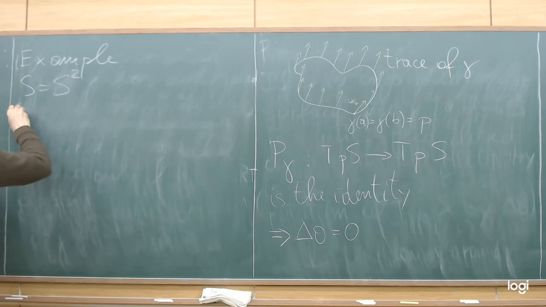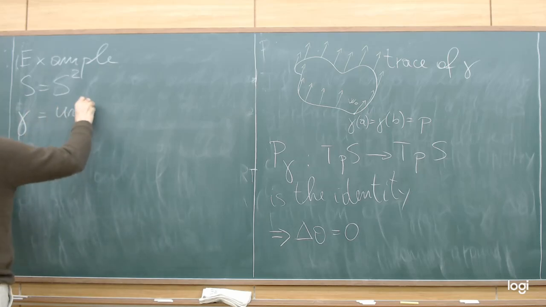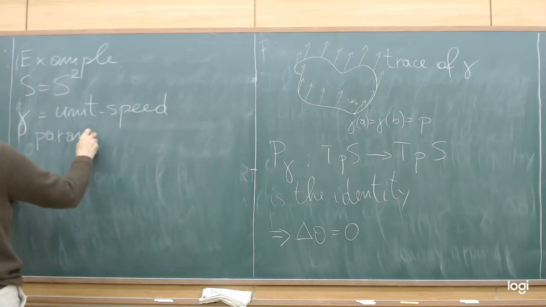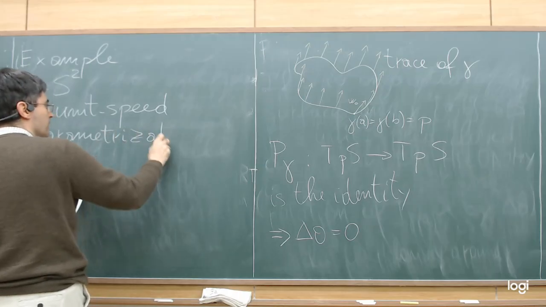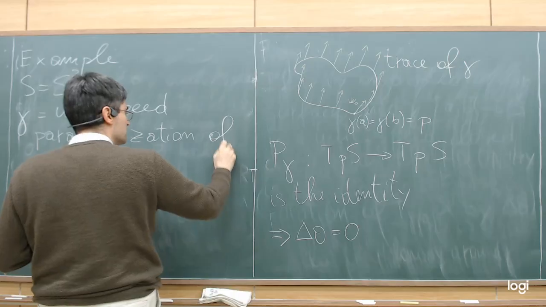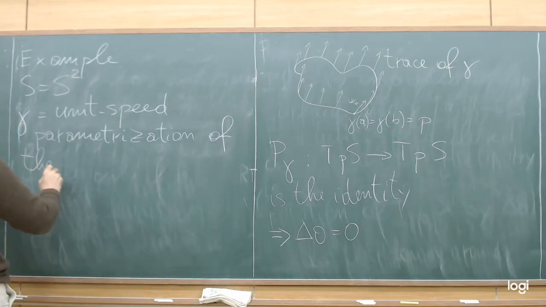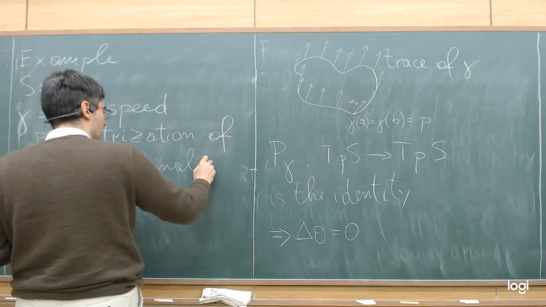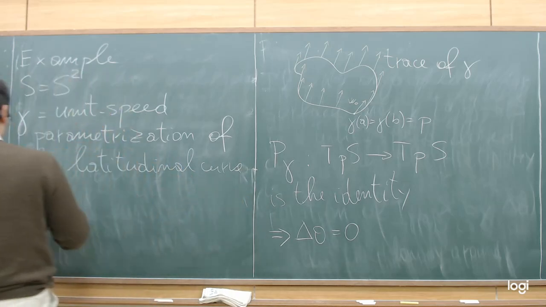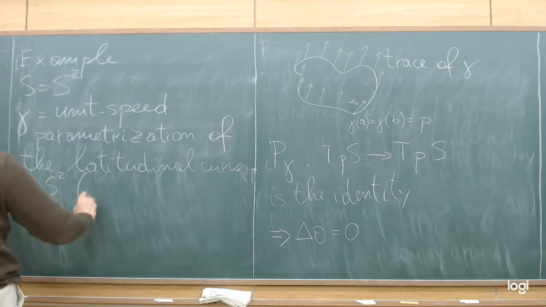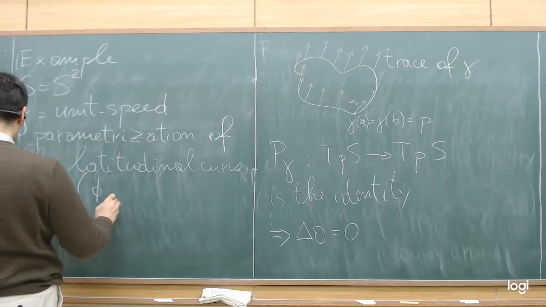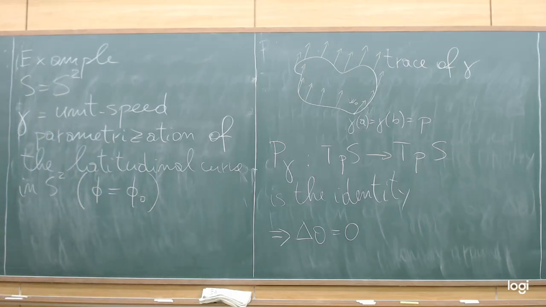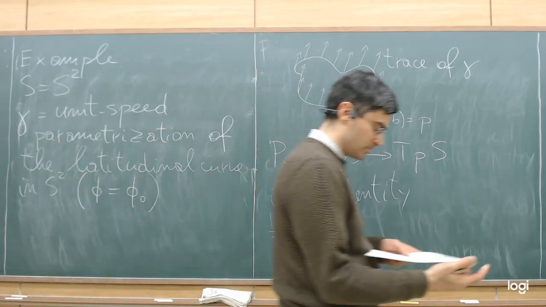And here we consider gamma to be a unit speed parametrization of the latitudinal curve in S2, that is a curve for which phi is a constant, where phi is one of the two angles which we use for parametrizing the sphere.